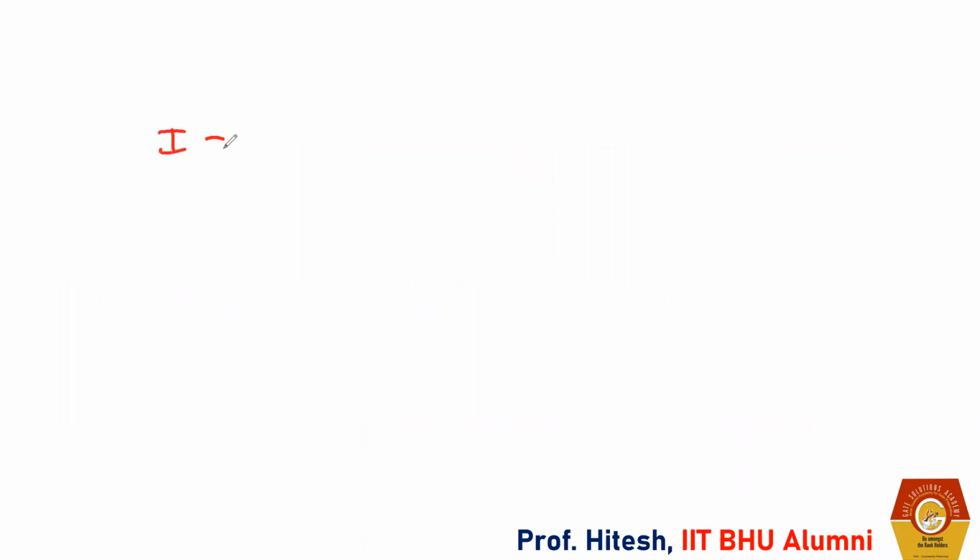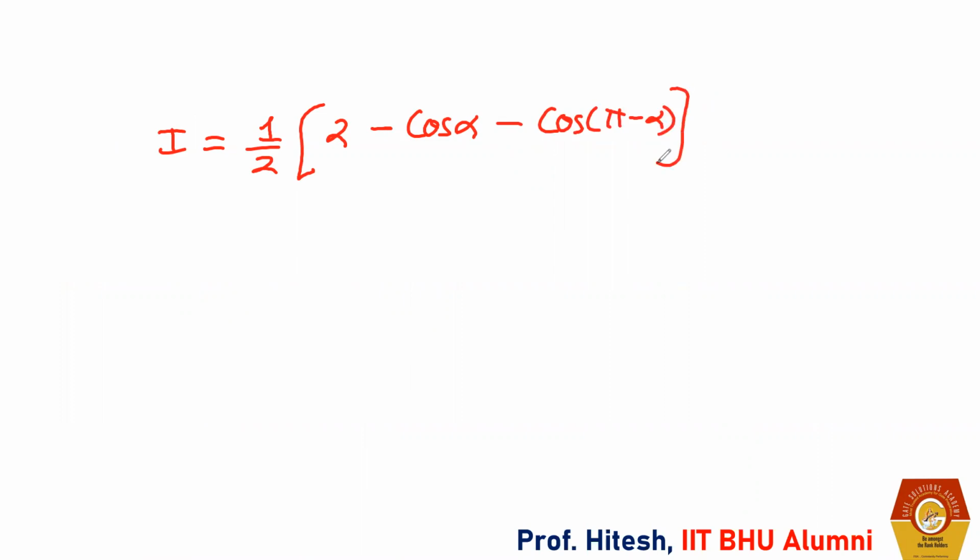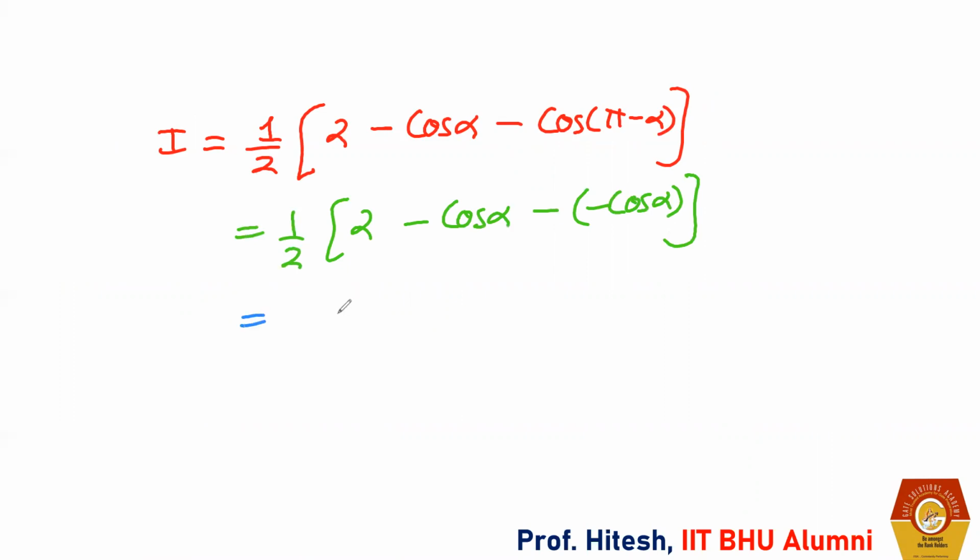So I is equal to 1 upon 2, 1 plus 1, that is 2, minus cos alpha and minus cos pi minus alpha. Cos pi minus alpha is minus cos alpha, so that will be cancelled out. So 1 upon 2, only 2 will remain. So the answer is 1.